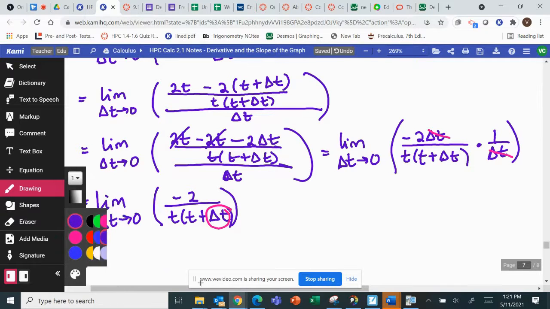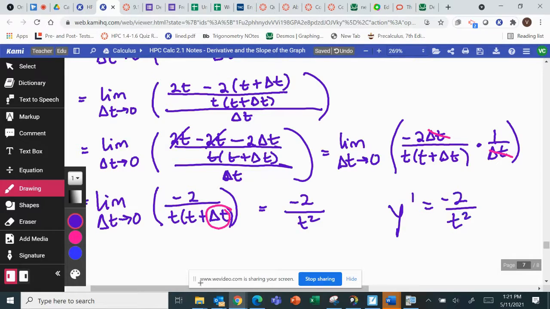So I take the limit, and I get negative 2 over t squared. So y prime equals negative 2 over t squared. The whole time we're doing the stuff prior to taking the limit, we're just trying to manipulate it so that our denominator doesn't just equal 0 right away.